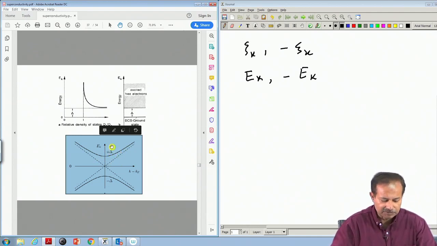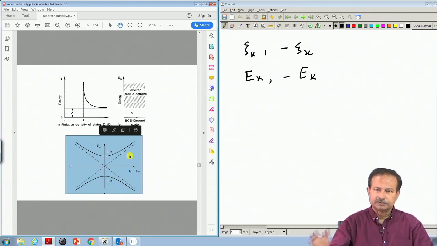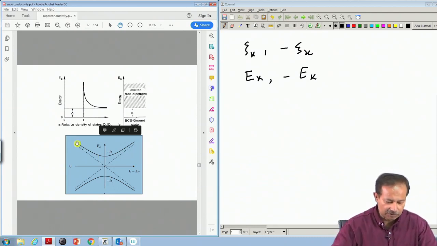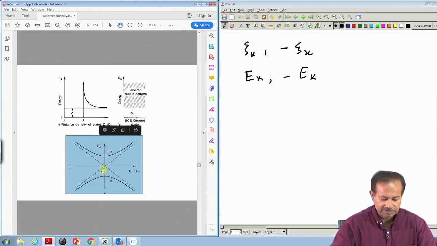In that case, you can see that the spectrum is like this. The dashed one is the original fermionic spectrum, the metallic conduction band spectrum of the degenerate Fermi gas, whereas these solid lines tell you that the new spectrum of the excitations E of k has a gap.